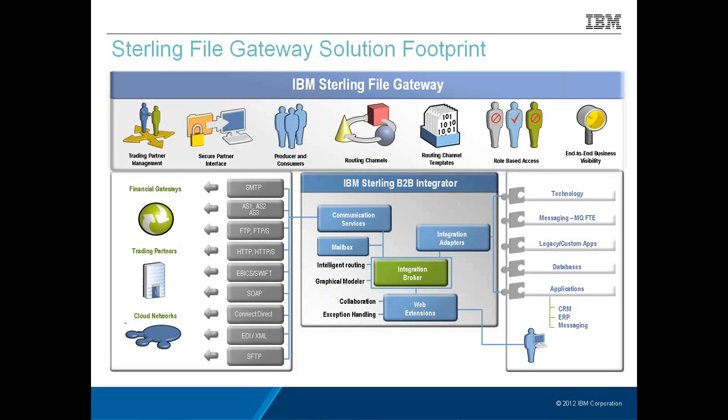The right-hand side, you would see various ways of integration adapters into various applications. It could be CRM, messaging. It could be database, legacy applications, etc. And on top of this is what we give Sterling File Gateway, which gives you better partner management, a complete visibility of what is happening in the network.